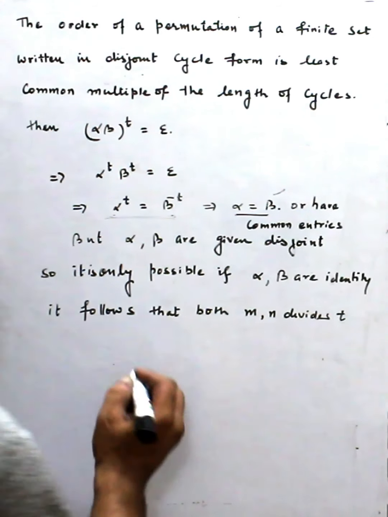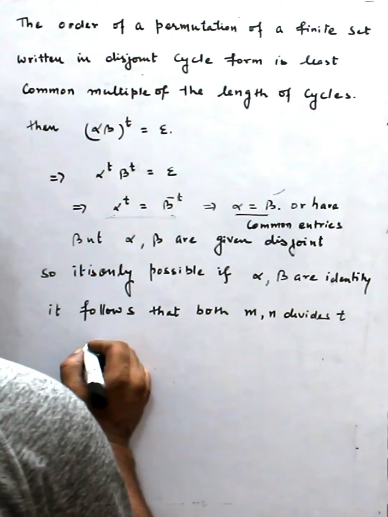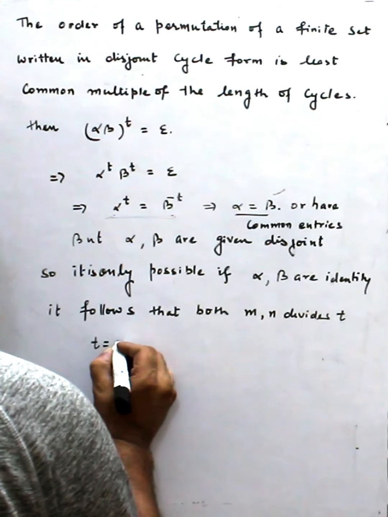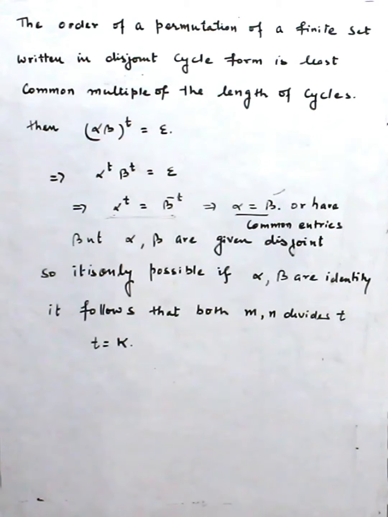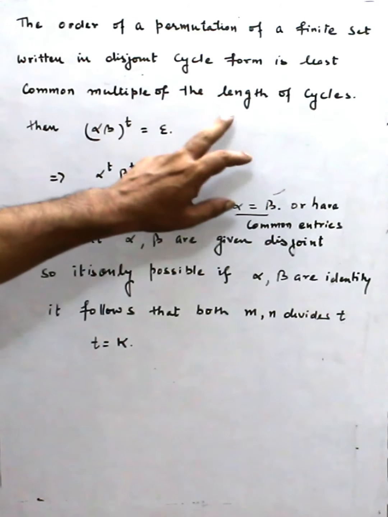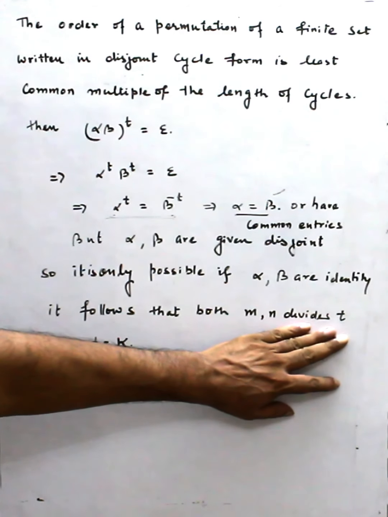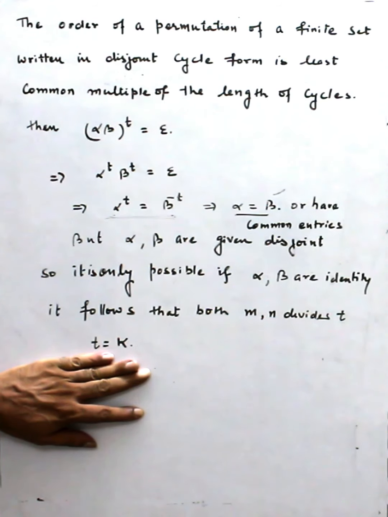That means t is not different, that means t is equal to k, because k is the least number which is divisible by both m and n. If t is divisible and k is least, then t is equal to k.